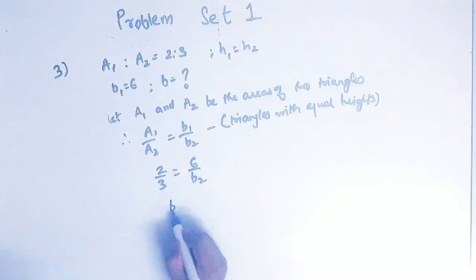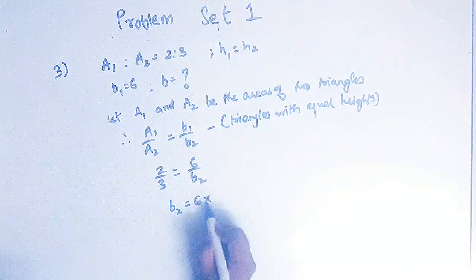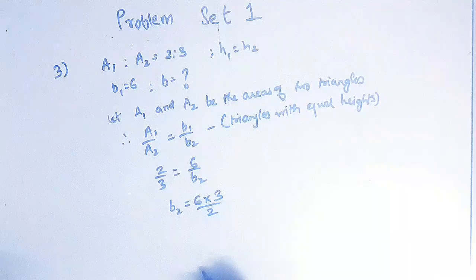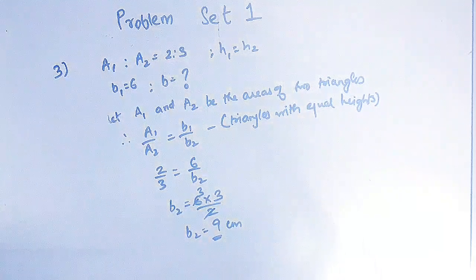So by simple cross multiplication we can find 6 upon 3 into 2. 2 ones are 2, 3 threes are, B2 equals to 3 threes are 9. So the base of the larger triangle is 9 centimeter. Then we'll move on to fourth one.